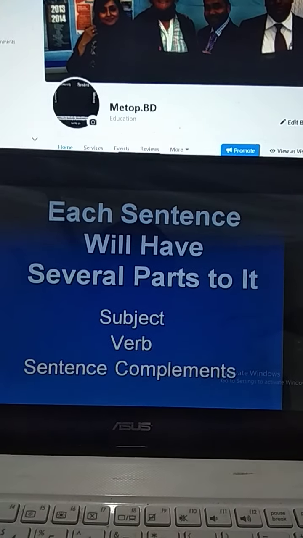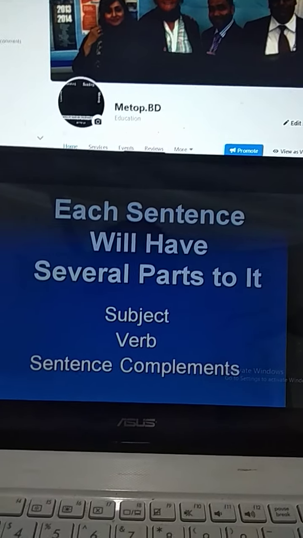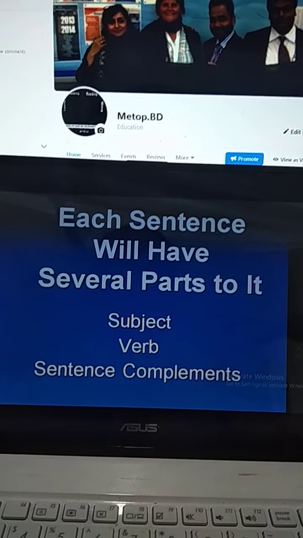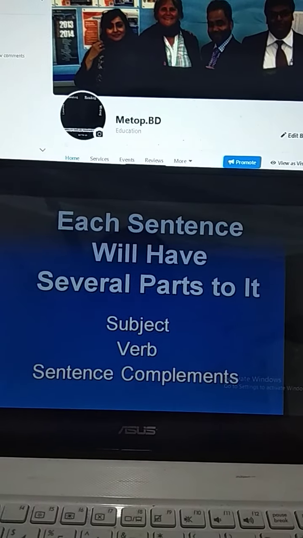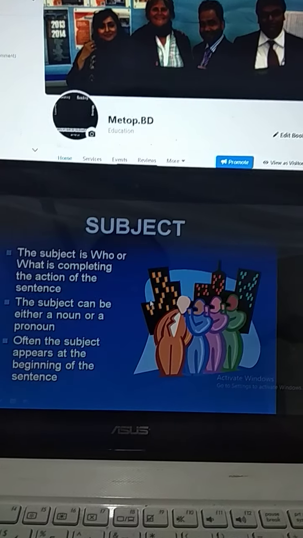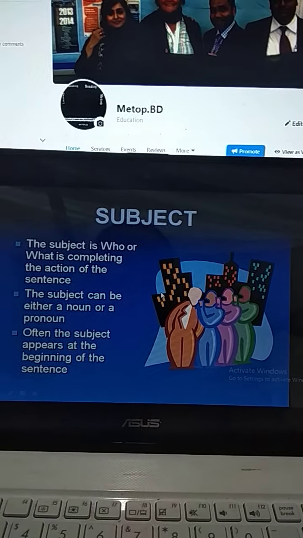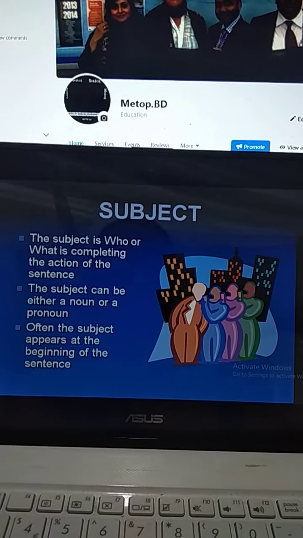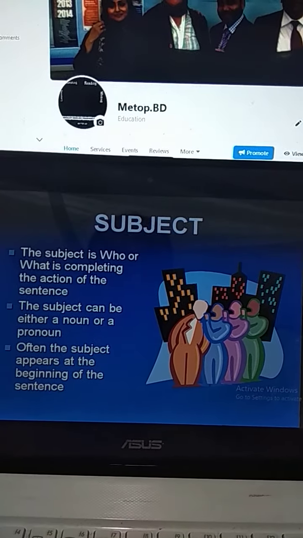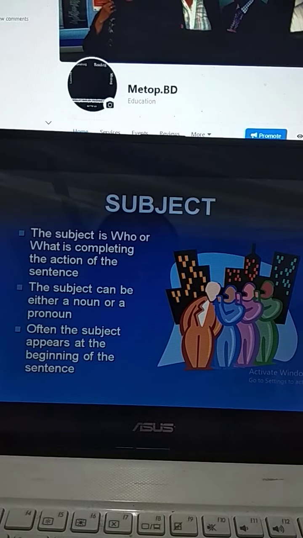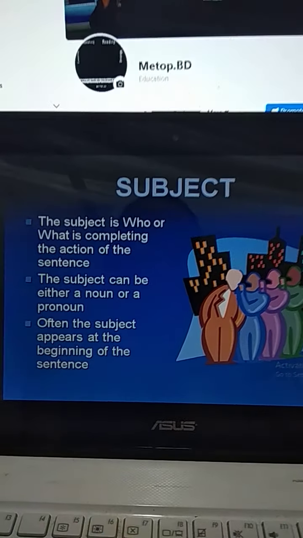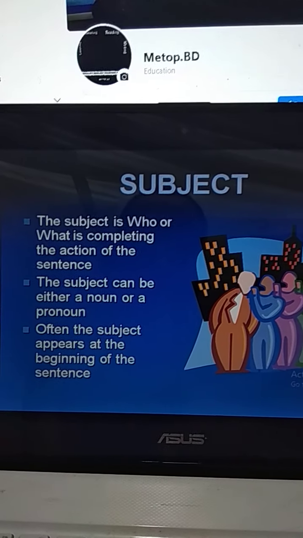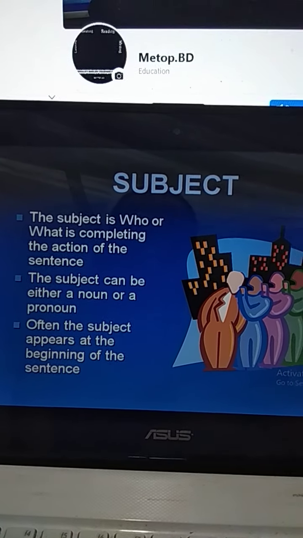A sentence will have several parts to it: subject, verb, sentence complements. Subject. Let's know what is subject. The subject is who or what is completing the action of the sentence.